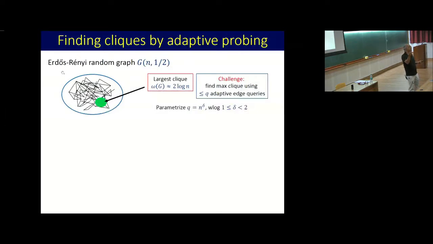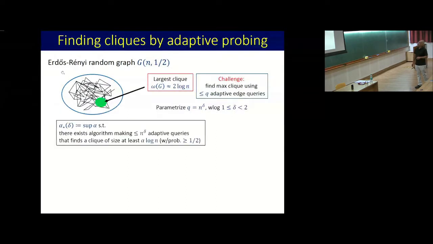Which 2Q vertices doesn't matter because we're in G(n, 1/2); they're all symmetric. So you might as well assume you have at least a linear number of queries. Otherwise, you're tying your hand too much. Okay, so that's the setting.